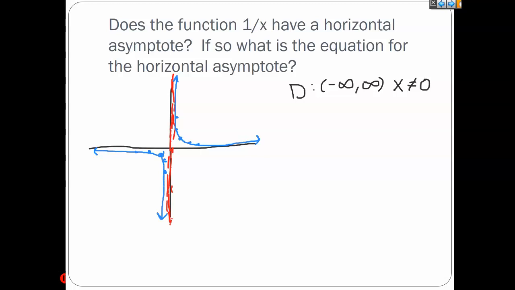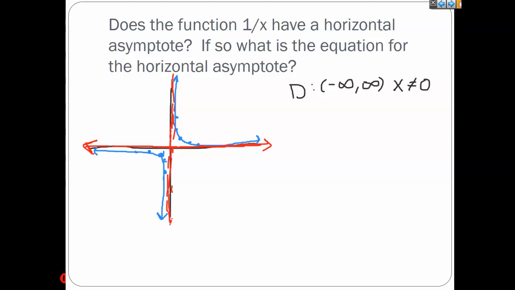So if it has a horizontal asymptote, it usually means it approaches a value on y, but never crosses that value on y. Hopefully, looking at this graph, we see that there is a horizontal asymptote at y equals 0. Because the graph is approaching 0 on both ends, the fractions are getting infinitely smaller as the x values are getting larger in the positive direction.